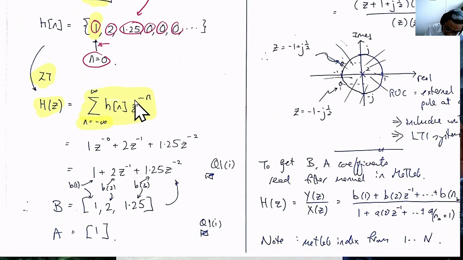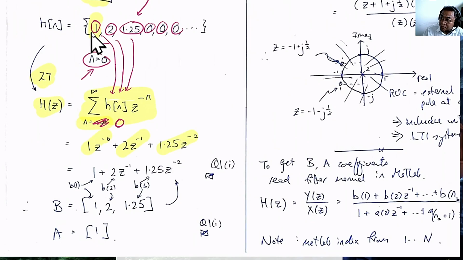Because the sequence is causal, the part before zero reduces to 0 because there are no values before them, and all we are doing is plugging in all these values here for different n's, and this is what we get below.